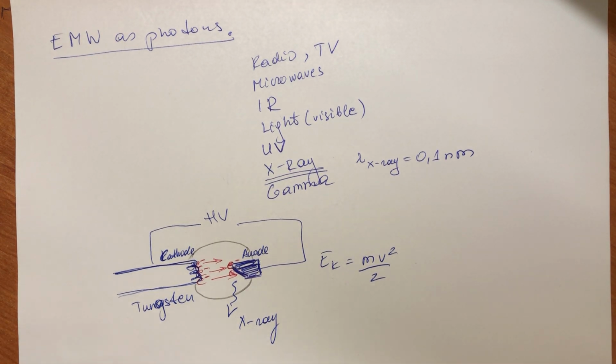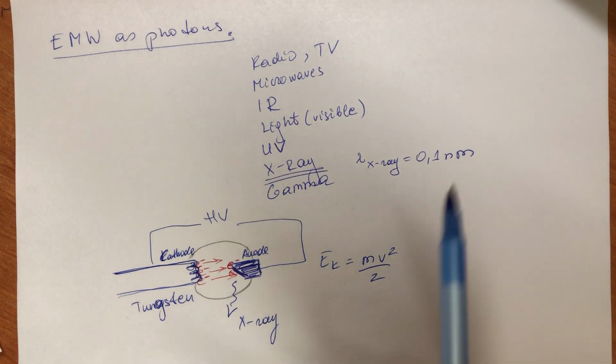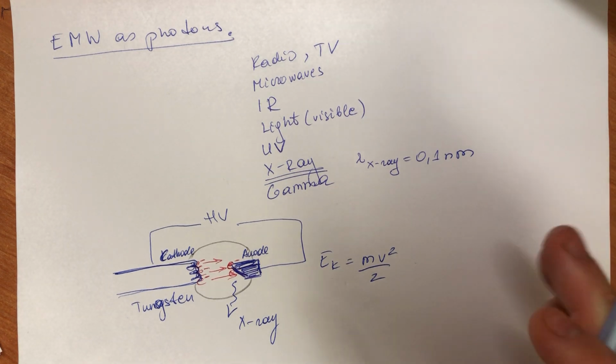And X-rays, as you know, can penetrate skin and tissue, but cannot penetrate bone, so they are used for diagnostic imaging. But they are also dangerous, they can cause mutations, alterations in cells, cancer, and all the other things.